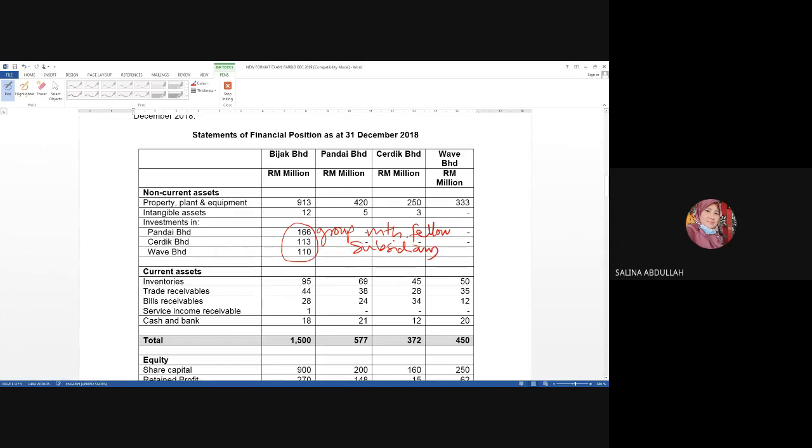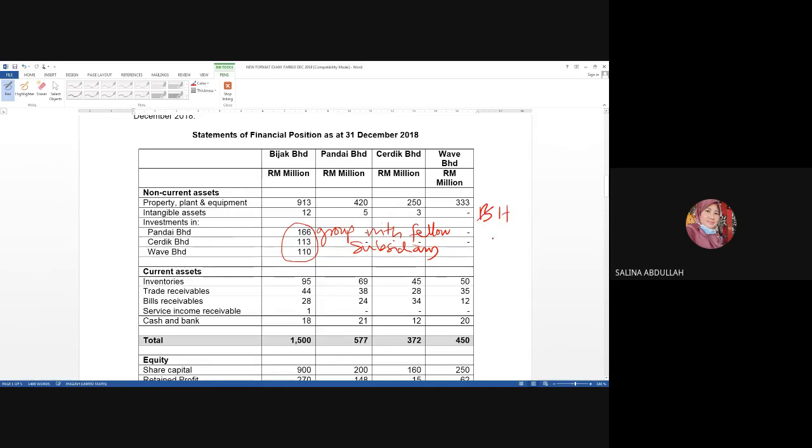It is quite easy actually for this group structure because Bijak Berhad is the only company that maintains an investment account. So this is a group with fellow subsidiaries. This is not a vertical structure or mixed structure. If I were to show the diagram, we have Bijak as holding.